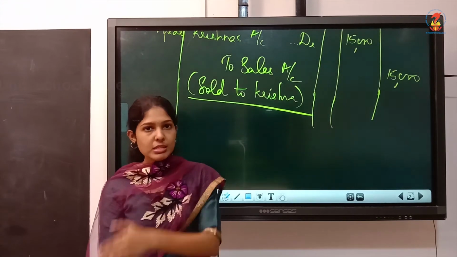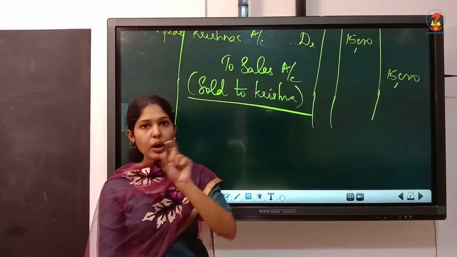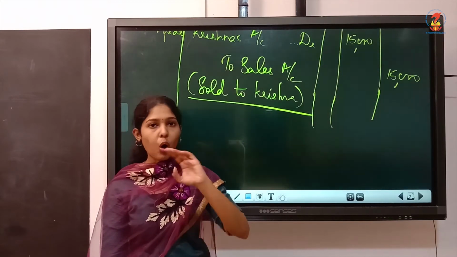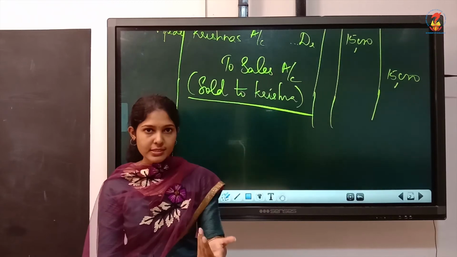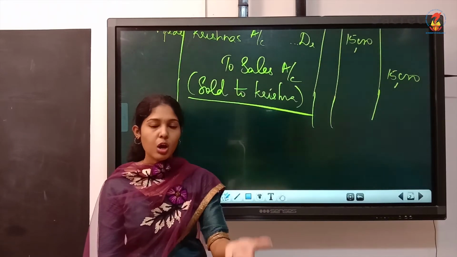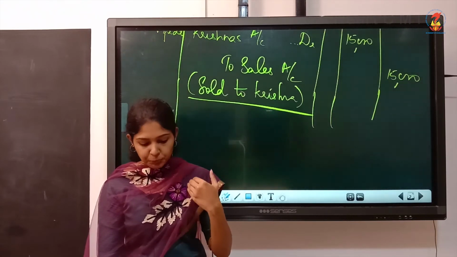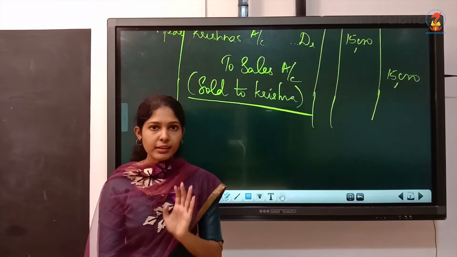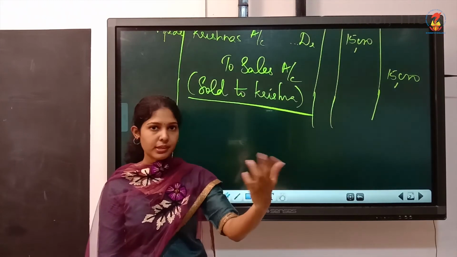No. On 24th you are getting the amount, and it is written like on account. On account means on account of the above transaction. Which is the above transaction? We have sold goods to Krishna. On account of that transaction, you are getting amount from Krishna. That is the meaning.